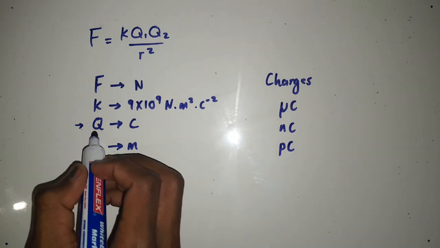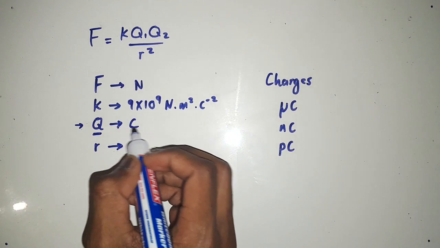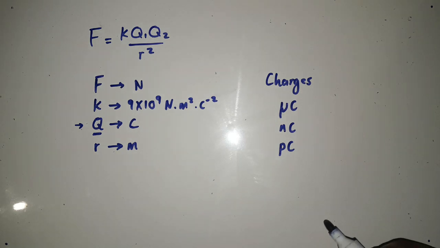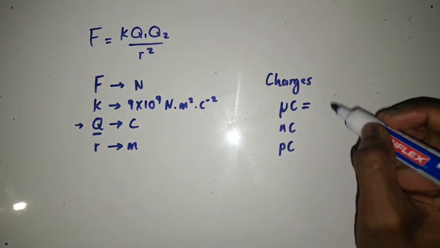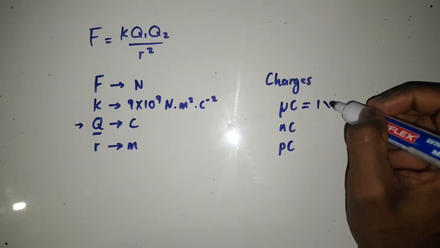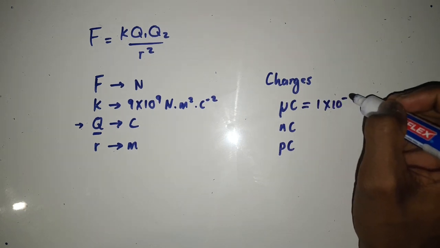And we know that our charges have to be in Coulomb. For micro, we always multiply by 1 times 10 to the power minus 6.